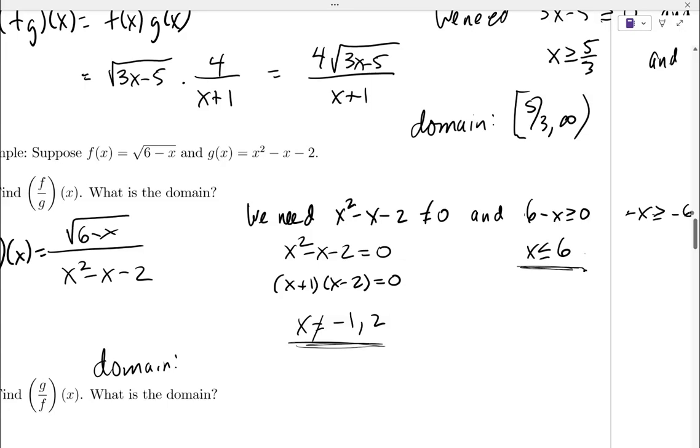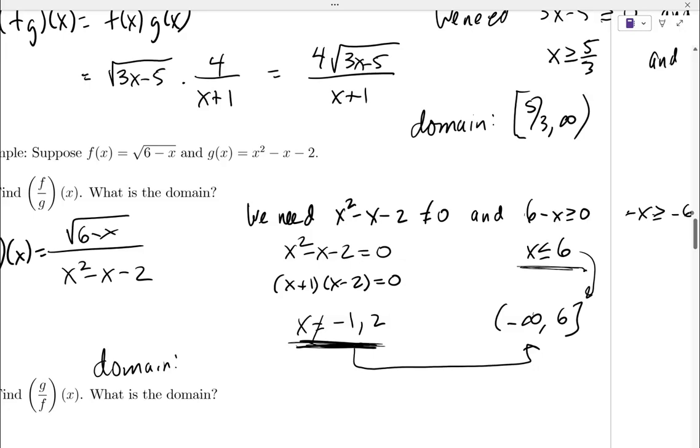If I didn't have the first piece, if this weren't here, what would you tell me the domain is in interval notation? -infinity up to 6, right? Because we're looking at less than or equal to 6, right? That would be just this part to here, right? Are these numbers in this interval?